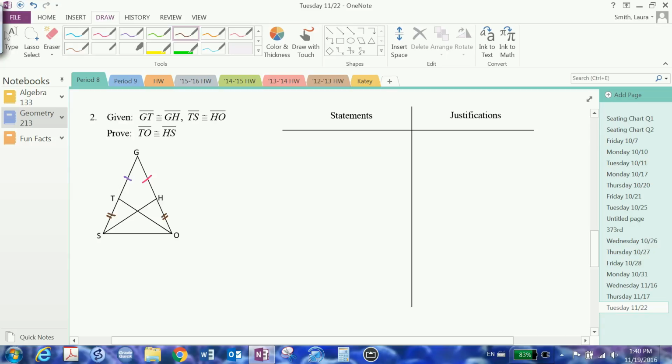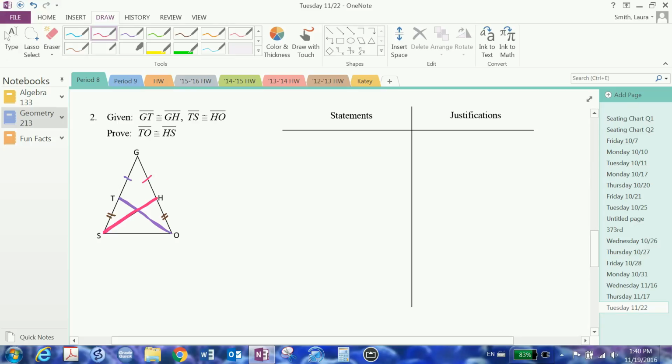And we want to prove that TO is congruent to HS.